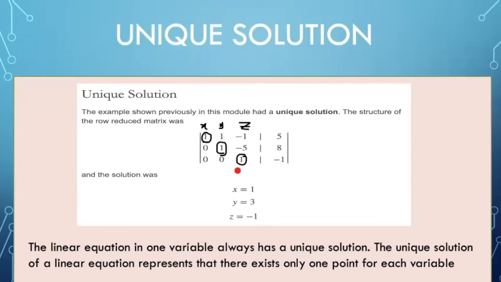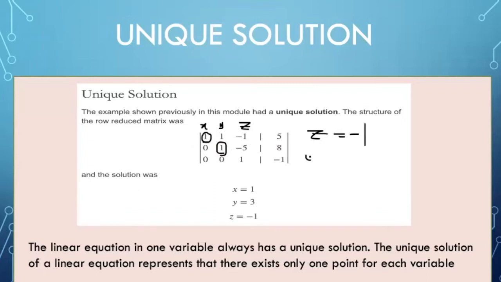To find this, we are going to look at the third row. This is the same as saying 1z, which is the same as saying z is equal to -1. This is going to create an equation from the second row.